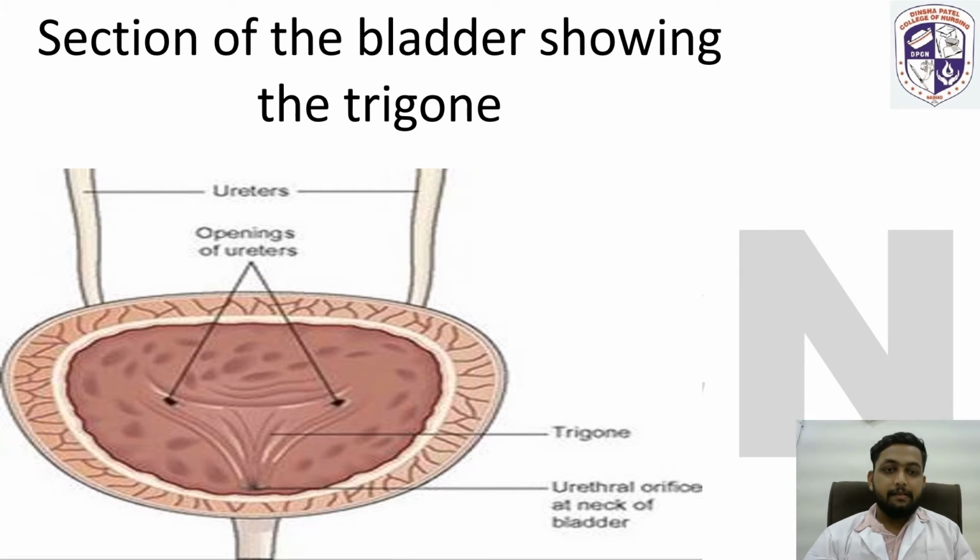Here we can see this is the neck of the bladder from where the urethra is connected, and it is known as the urethral orifice, and these both are the openings of the ureters, which are known as the ureteric orifices.